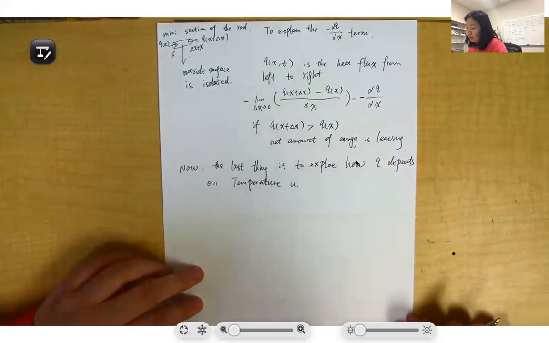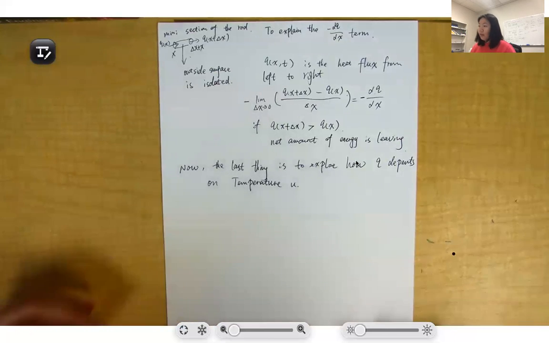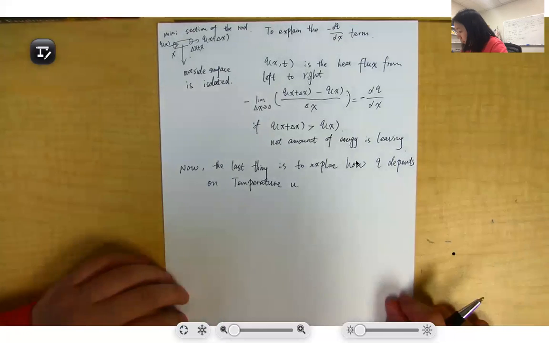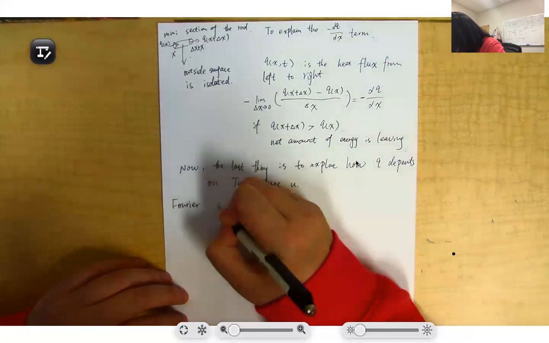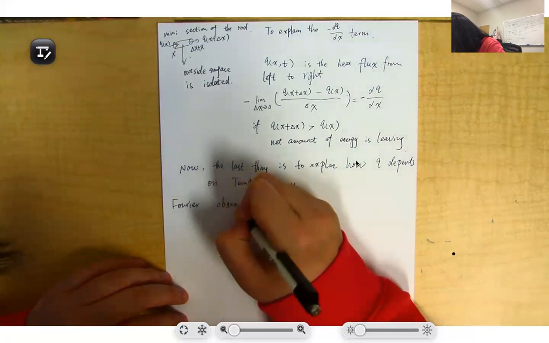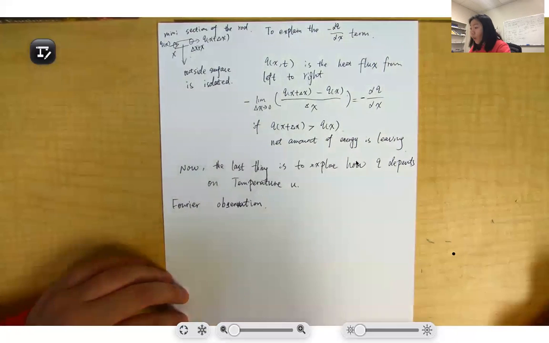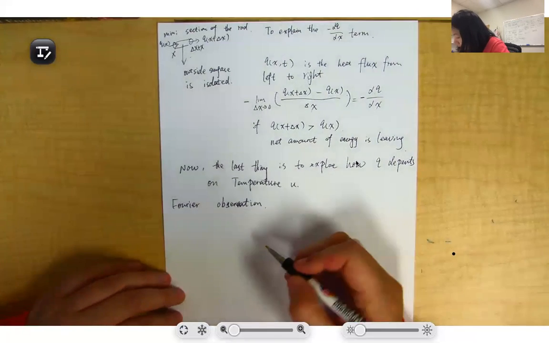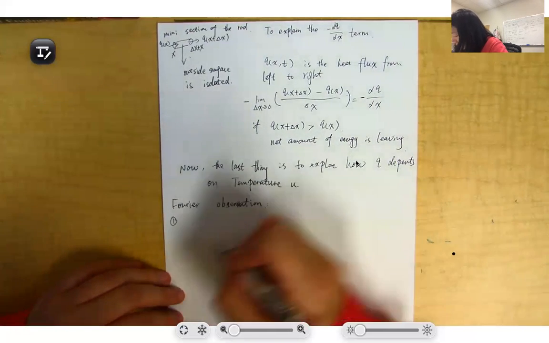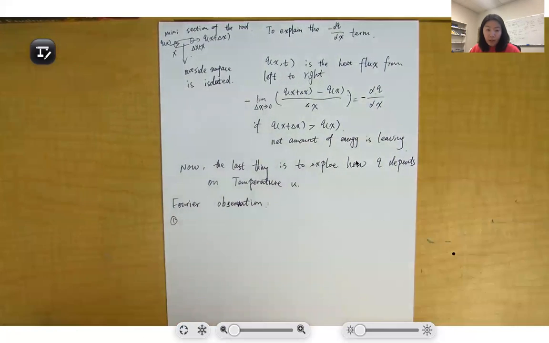Okay, and this is based on the Fourier observation, which is also the Fourier law of heat transfer. So based on the Fourier observation, what is the observation? So the first observation is that when there is no heat flux, that means my Q is equal to 0.